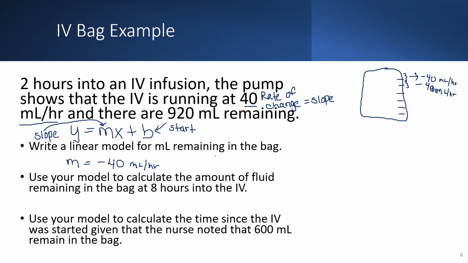So what I do know is that I have this ordered pair to work with, and that is that 2 hours into the infusion, there are 920 milliliters remaining in the bag. And I'm going to use that piece of information to solve for b, the starting amount. So in my scenario, the x is the 2 hours, because x is going to be time, because that is the independent variable. And then the thing that depends on that is the milliliters, so the milliliters are going to be my y.